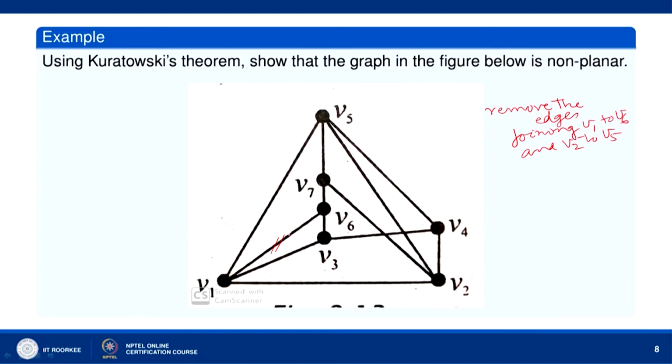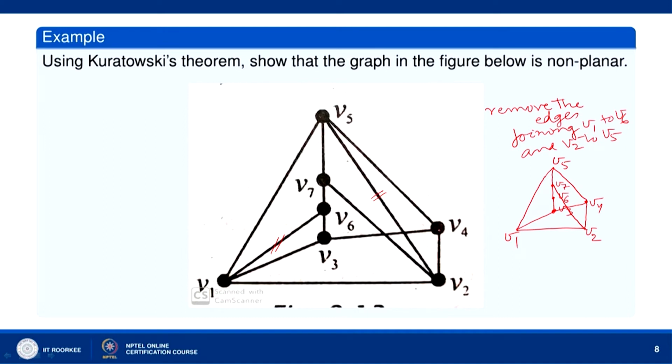So, we remove this edge, and also the edge joining B2 to B5, and we arrive at this subgraph.